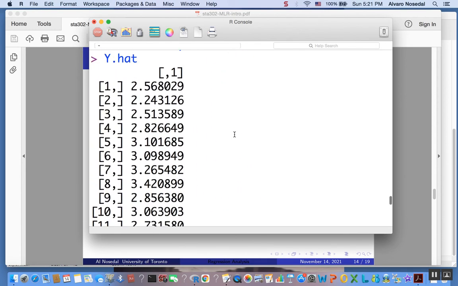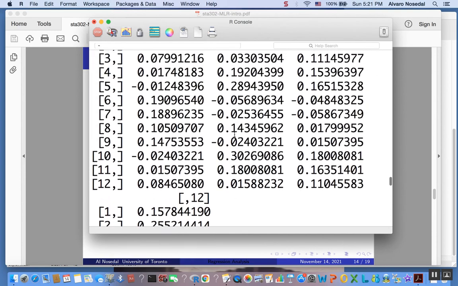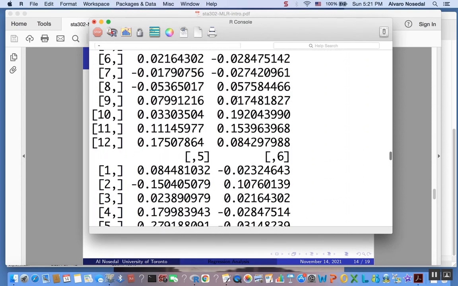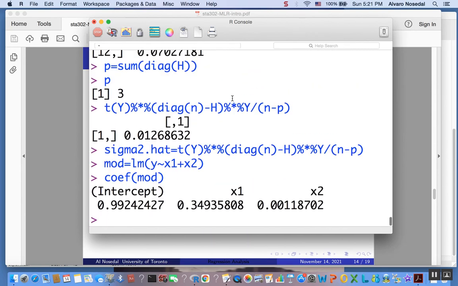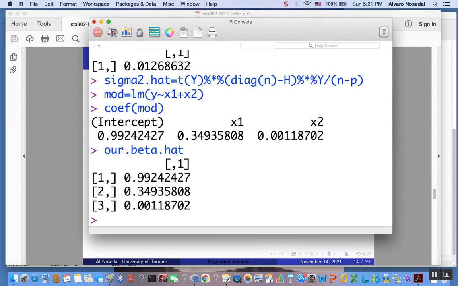Let me see, it was here. Our beta hat. See, same thing.